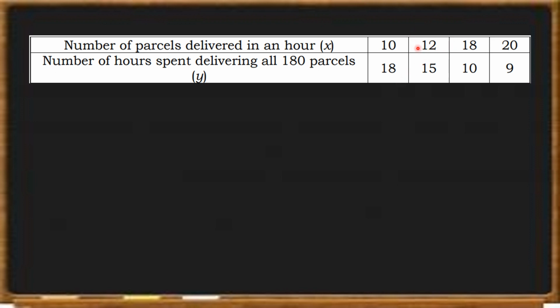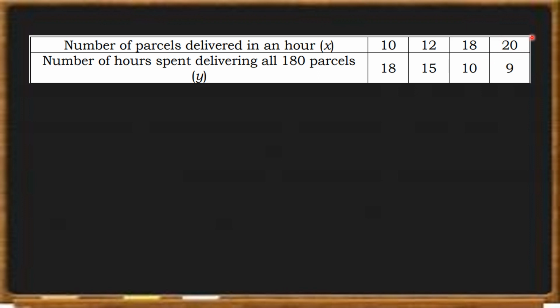If 12 parcels per hour, they will finish the 180 in 15 hours, because they need to finish them all. If 18 parcels per hour, 10 hours, they finish the 180 parcels.